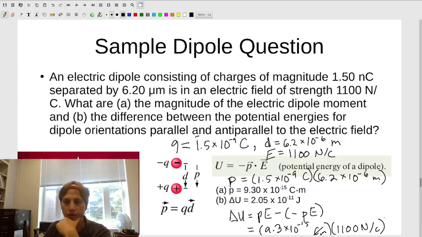And the coulombs will drop out, and then you get newtons times meters, which gives you joules, and that should give you 2.05 times 10 to the minus 11th joules.